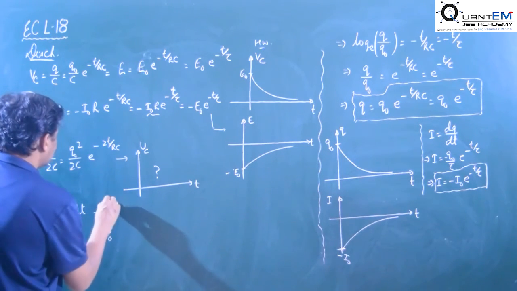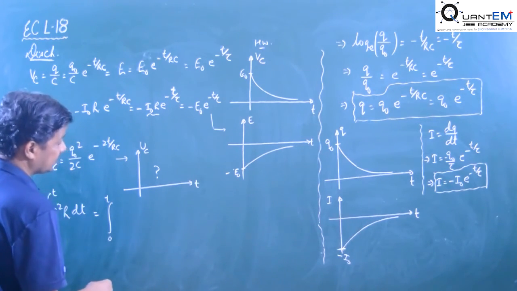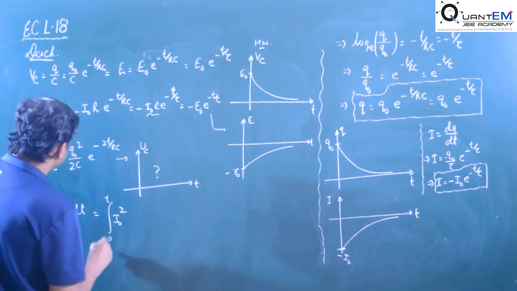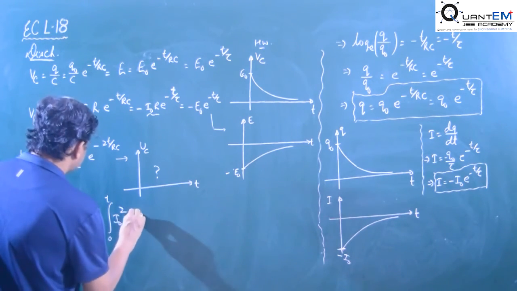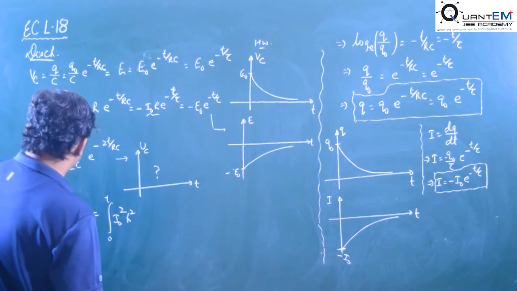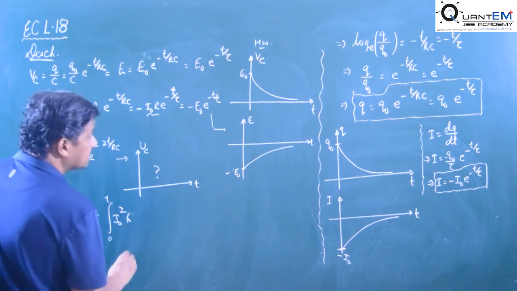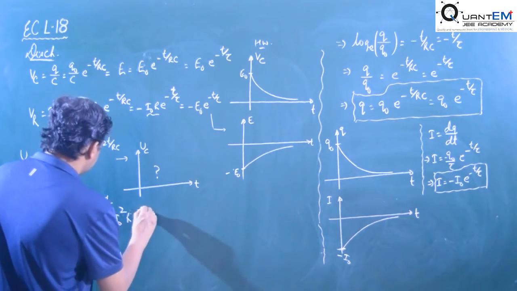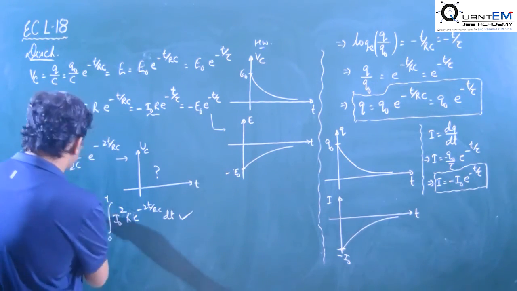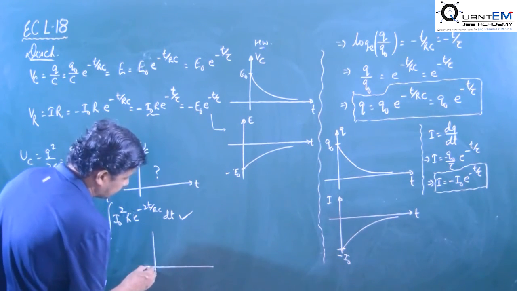Now what is the value of current we have? So simplify it, we will get I naught square R square and, oh sorry, it is R, simply R. Solve it to get the value of energy across the resistor, and you have to draw this graph also.